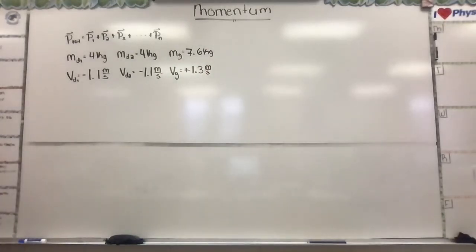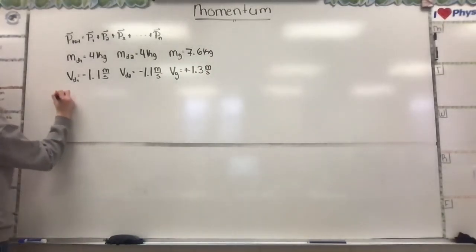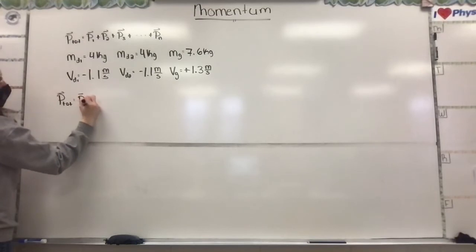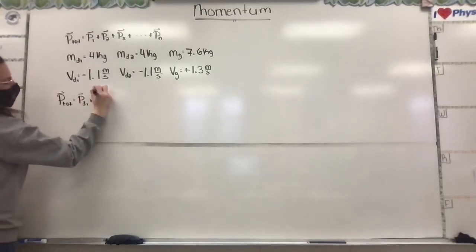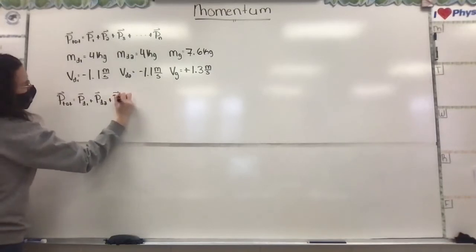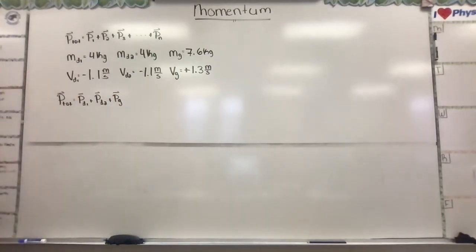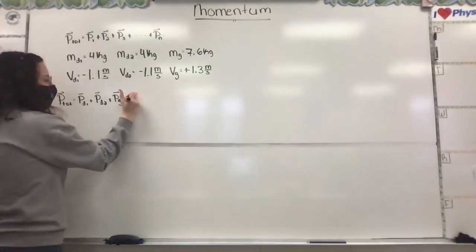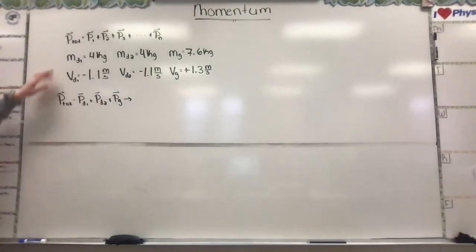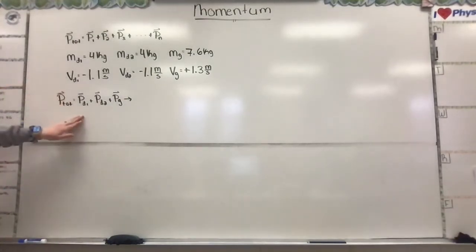All right? And we want to know the total momentum of all of them. So that'll be momentum of duck 1 plus the momentum of duck 2 plus the momentum of the goose. Okay? So if we want to write this all the way out, remember that it's going to be mass times velocity for each one of these.